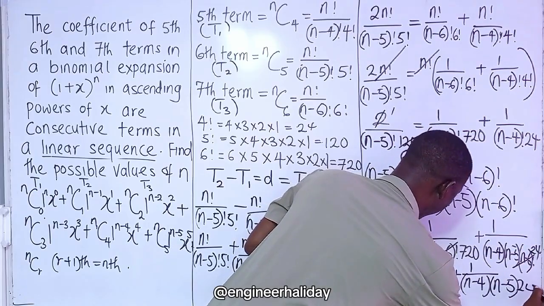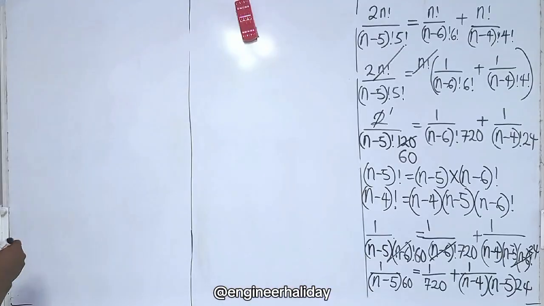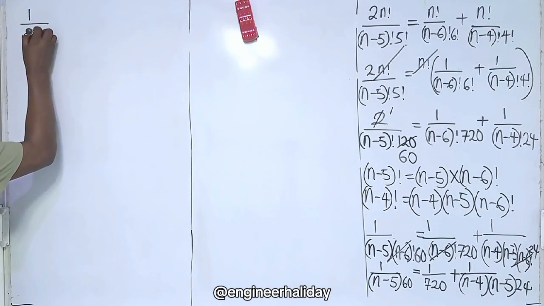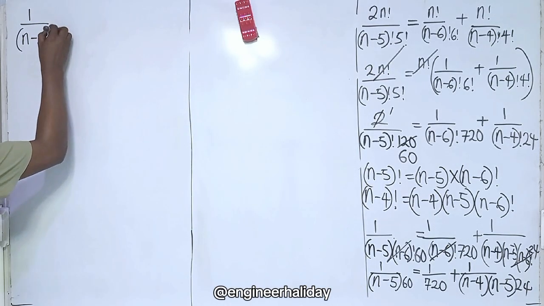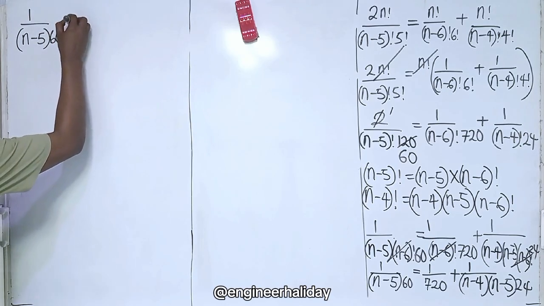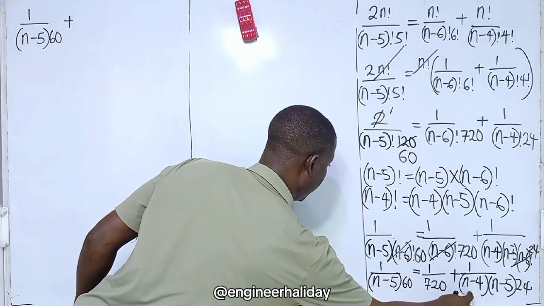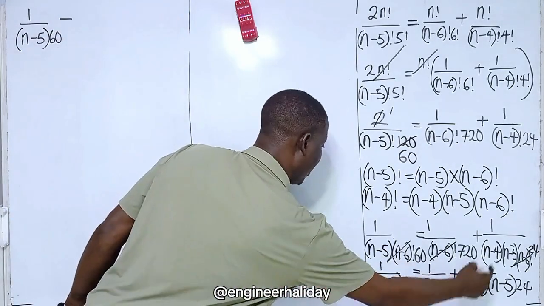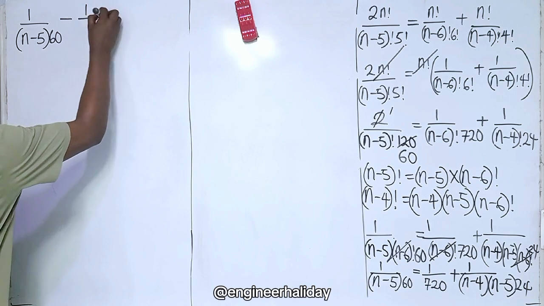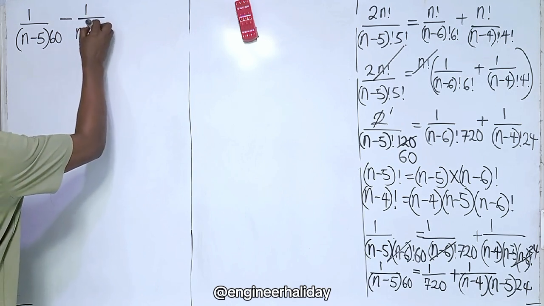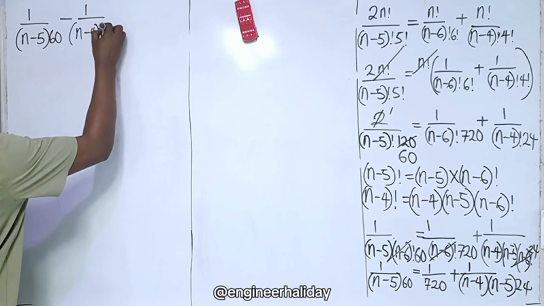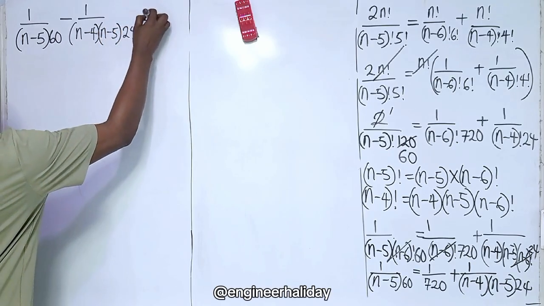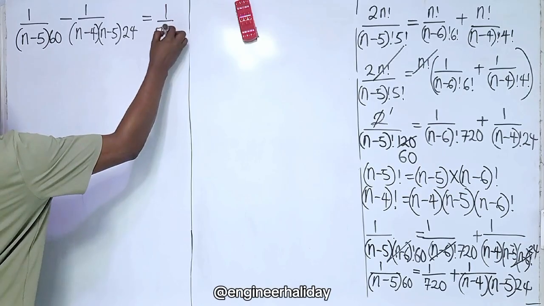So please, the next thing we are going to do is collect like terms. I would have 1 over (n minus 5) times 60, minus, because it's plus here, when you move it, it becomes minus, 1 divided by (n minus 4) times (n minus 5) times 24, equal to 1 over 720.